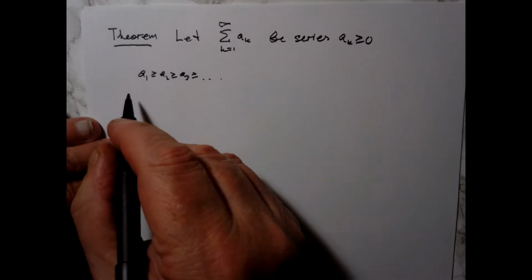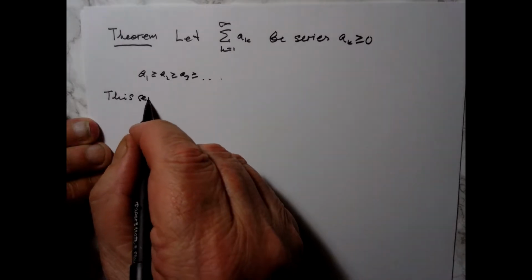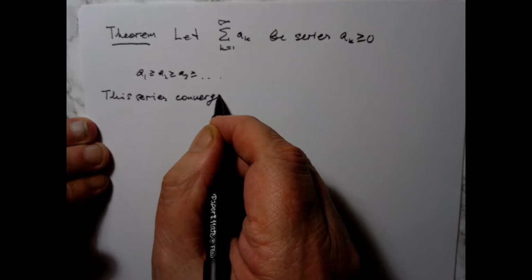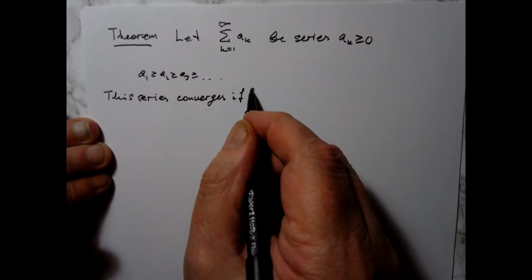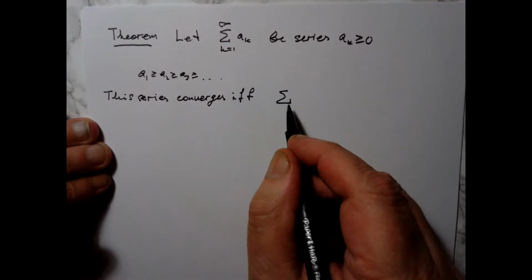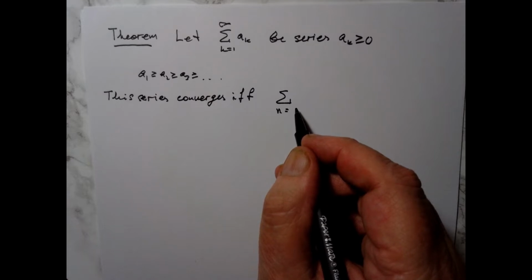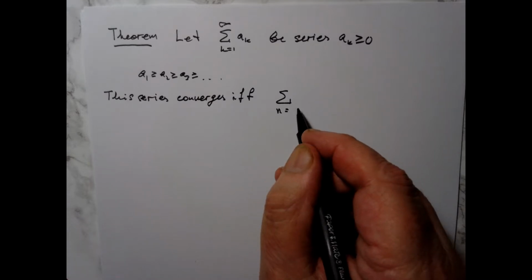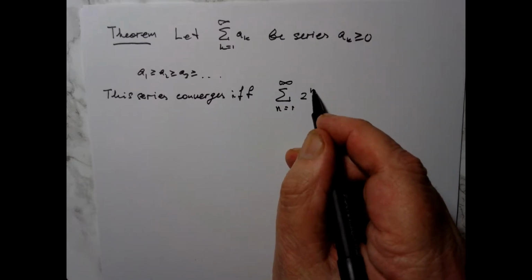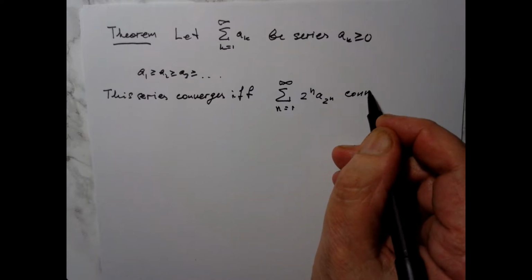So the theorem says that the series converges if and only if the following series, the sum over n from 1 to infinity of 2 to the power n times a sub 2 to the power n, converges.